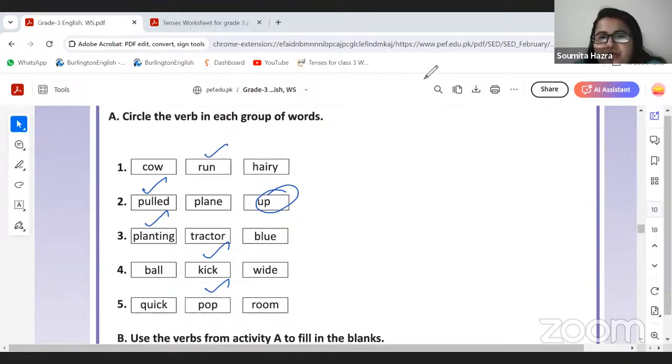Fine. Now you need to tell me what tenses are. Why did I do this exercise on verbs before starting the chapter on tenses?